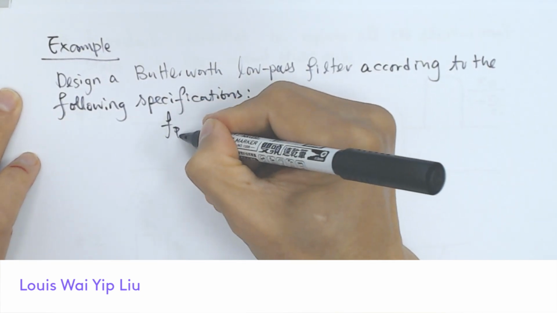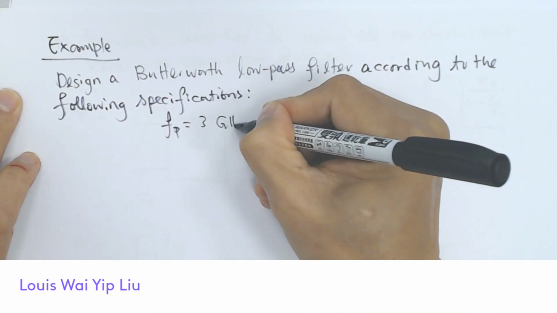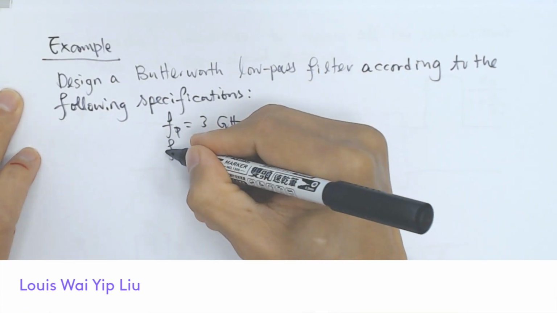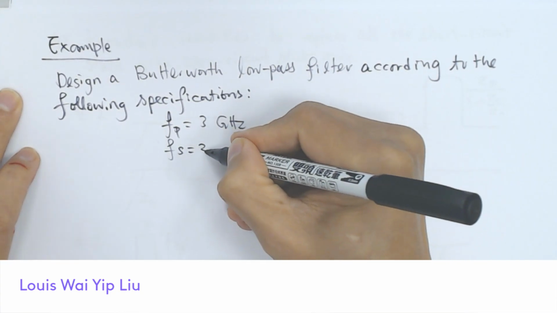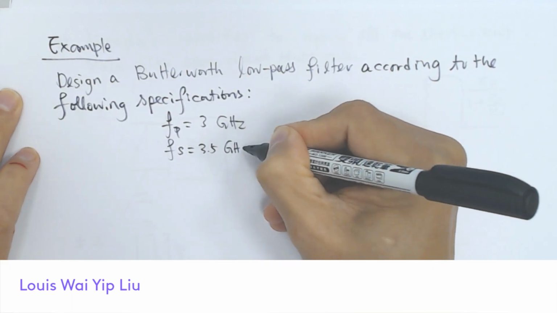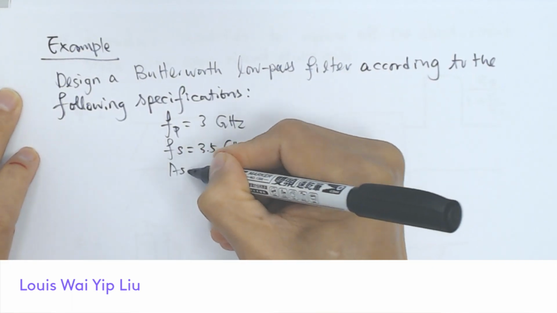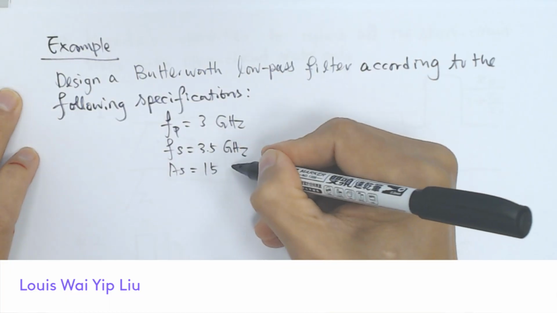The passband frequency is 3 GHz. The stopband frequency is 3.5 GHz. The stopband attenuation is 15 dB.